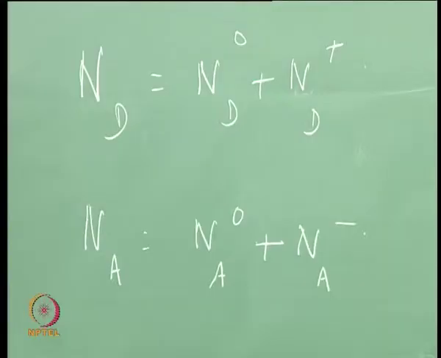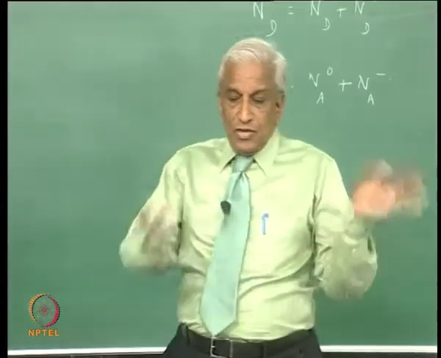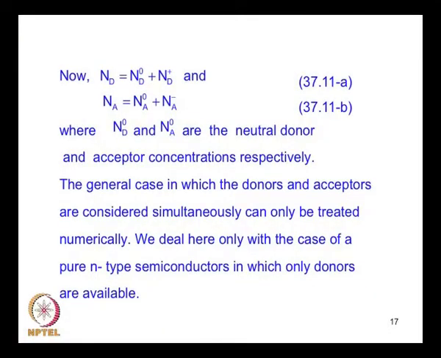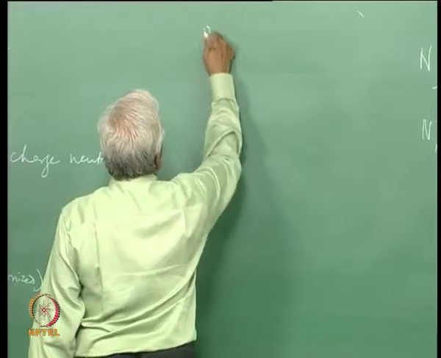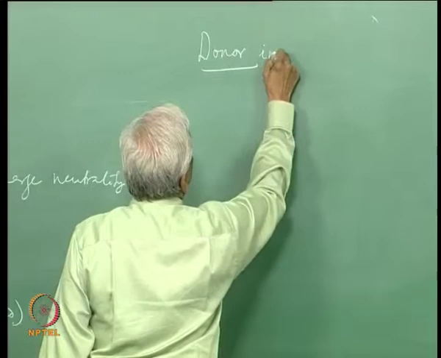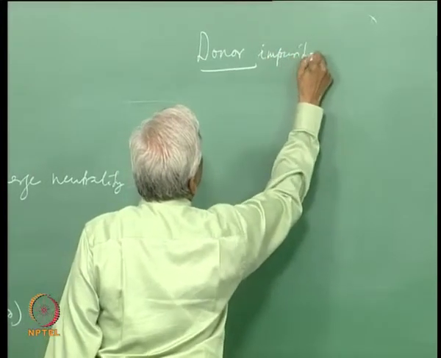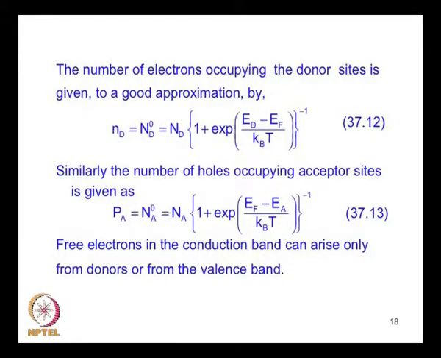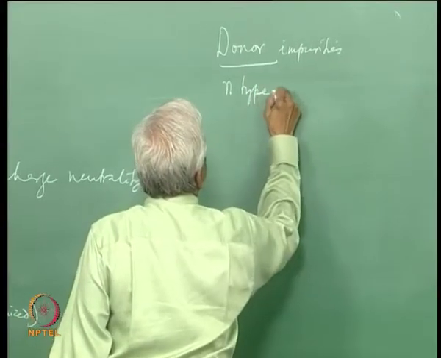Now, it is rather difficult to discuss the general case in which both donors and acceptors are simultaneously present. This can be considered only numerically. We do not want to do that here. We deal with only the case of donor impurities, which is theoretically easier to deal with in an n-type semiconductor.